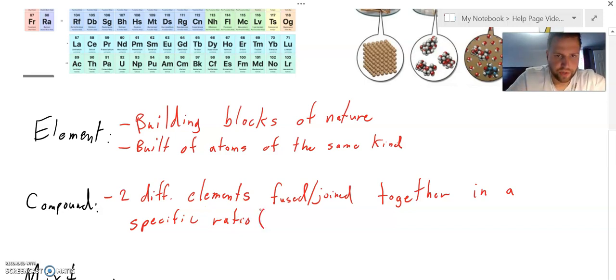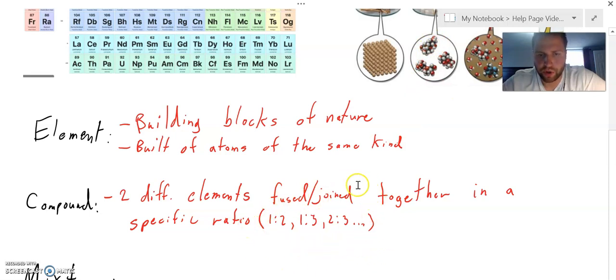And what I mean by ratio is that if there were two, like element A and element B, it could be a 1 to 2, it could be a 1 to 3, it could be a 2 to 3, something like that, and thereafter, right? If we looked at this compound here of different particles, what we'd figured out is that this compound has a specific ratio at its core, and it would be one of these types of options that we would find.